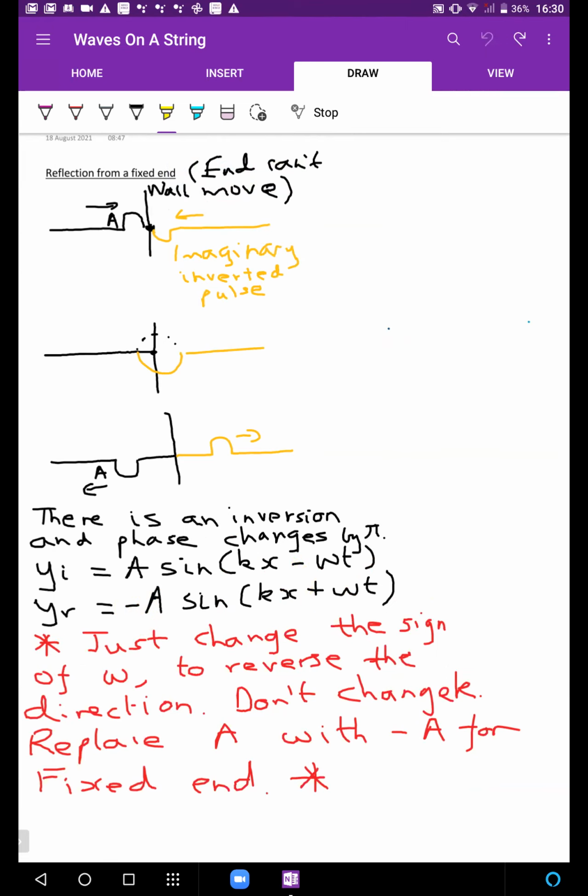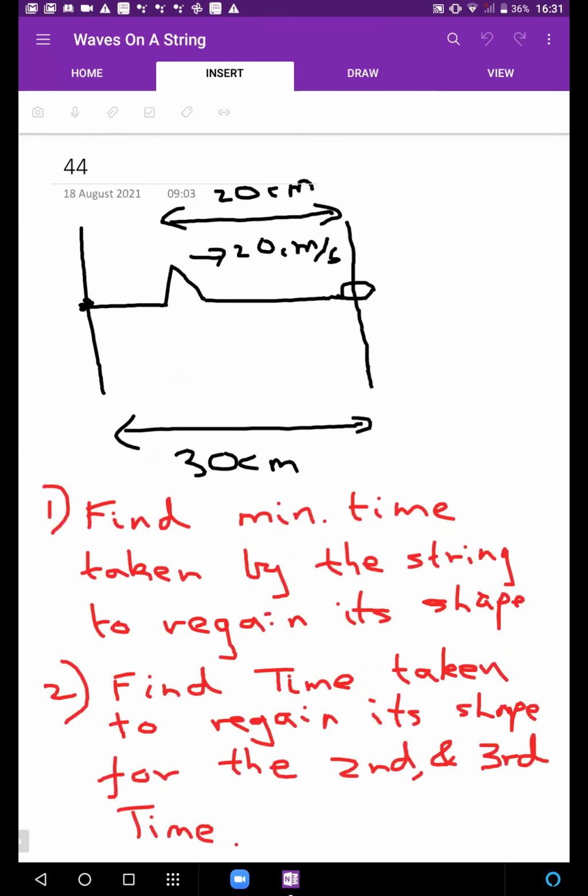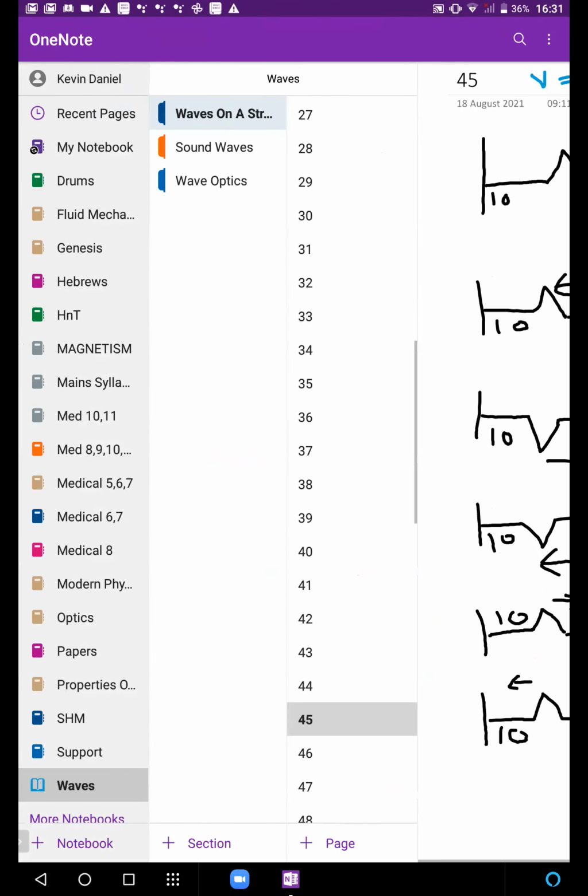If you want a wave equation to suddenly represent the same wave going in the opposite direction, just change the sign of omega. Don't change the sign of x, because that will change the entire function immediately. Just change the sign of omega. तो इसका मतलब with time अब आगे जाने की जगह वो उल्टा जाएगा. And there's a question on that. Again, you should try that.